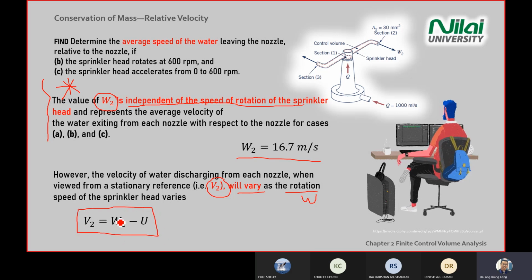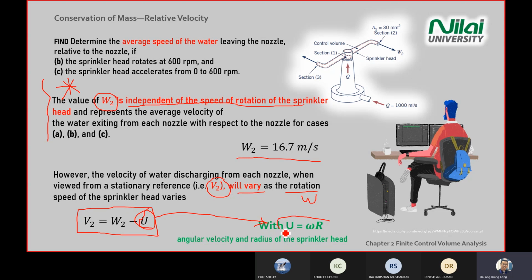We have V equal to W minus U, where U is the control volume speed. So you need to be careful. W doesn't change with the rotation. However, V will change because your U is given by the equation U equals omega R, because of the rotation speed.